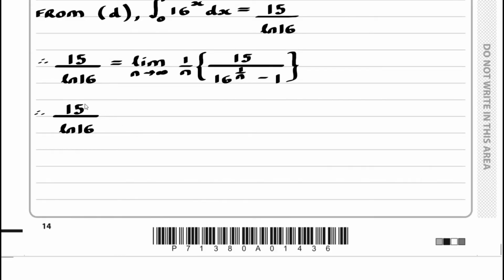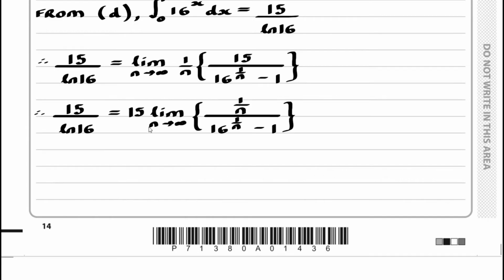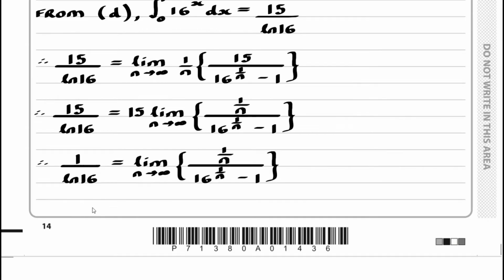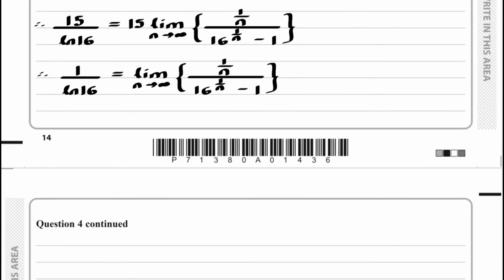So 15 over ln 16 equals 15 multiplied by the limit as n tends towards infinity of (1/n) over (16^(1/n) subtract 1). The 15's cancel on both sides, leaving 1 over the natural log of 16 equaling the limit as n tends towards infinity of (1/n) over (16^(1/n) subtract 1).